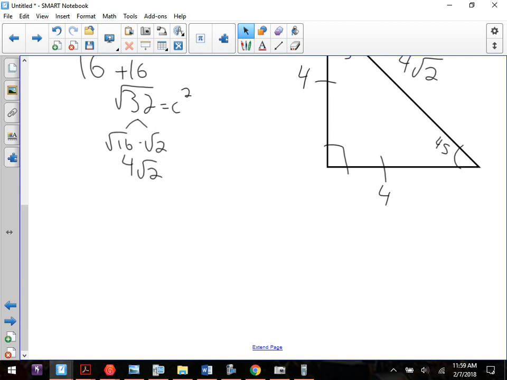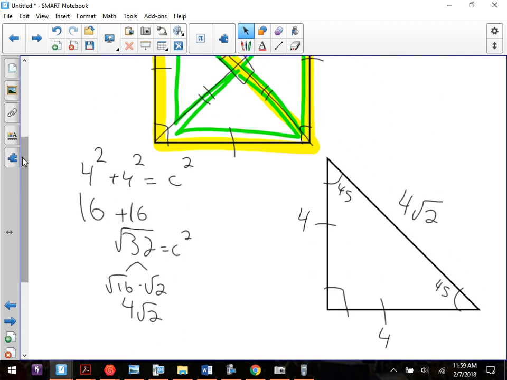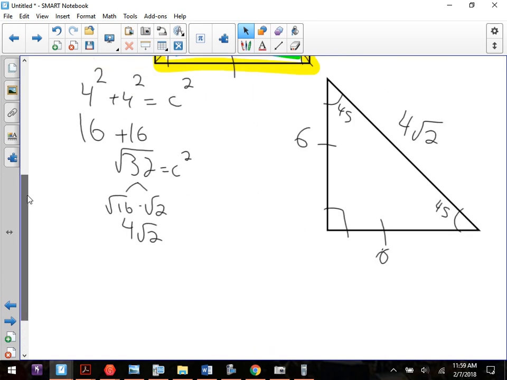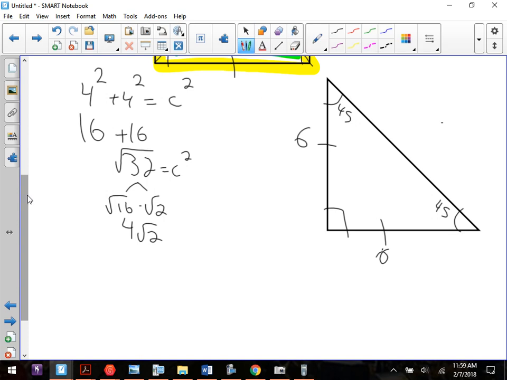Now, what happens, do you think, if I change these numbers from 4s to 6s? If I change those numbers to 6s, I'd have to do 6 squared plus 6 squared.